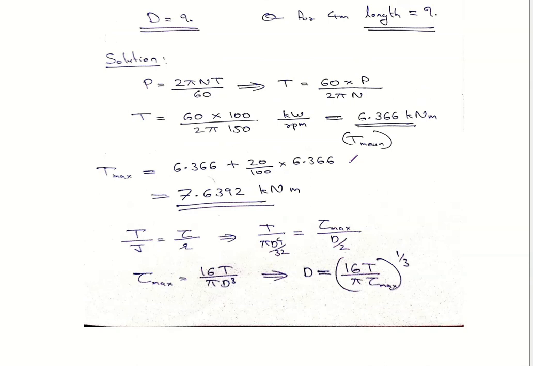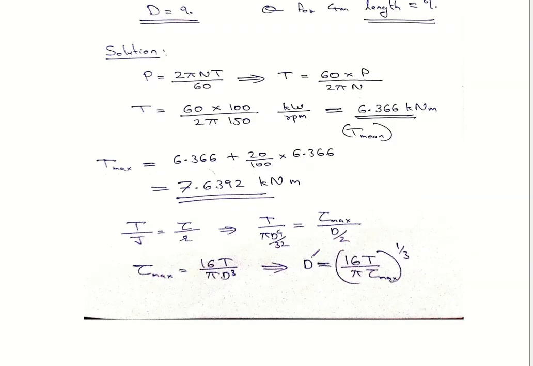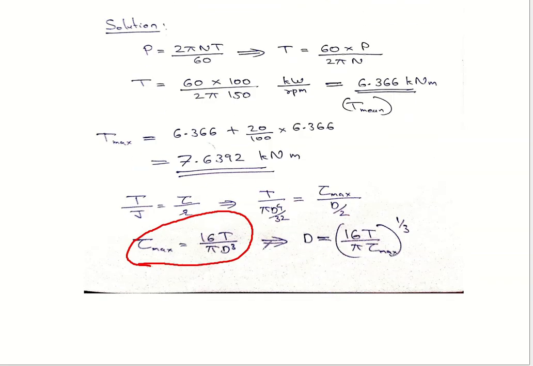For the sake of easy understanding, I will be explaining the equations from the basics. We already know this equation, tau max is equal to 16 T by pi d cube. This was derived in the last video, but I have written it here from the basics. When I rearrange this equation, since I have to find the diameter, the only unknown is diameter.